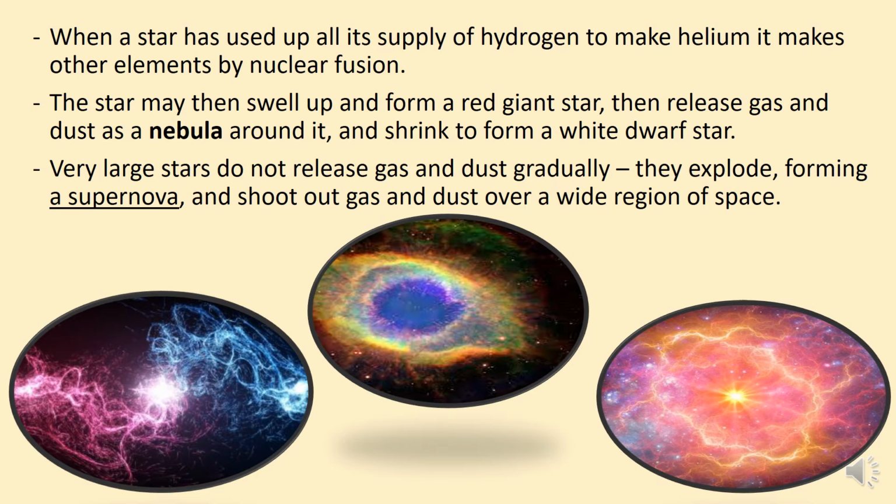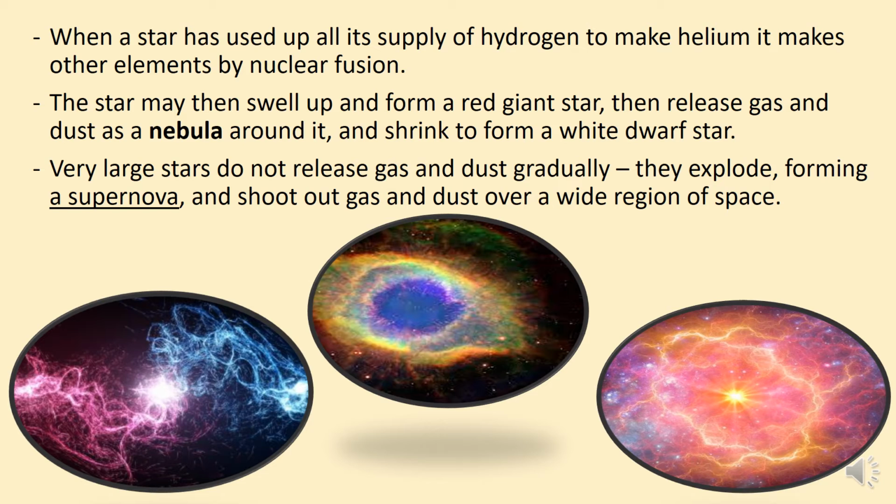The star may then swell up and form a red giant star, then release gas and dust as a nebula around it. You see this in the picture down one. This is the nebula around it, okay?